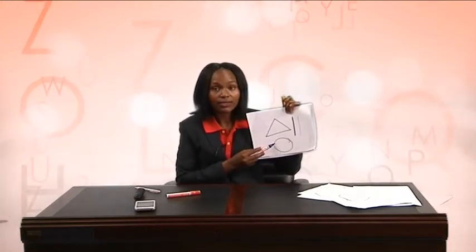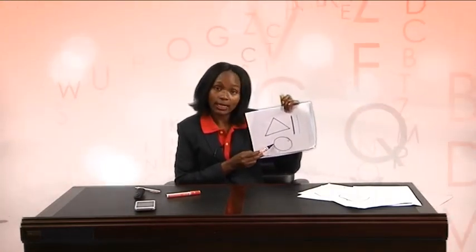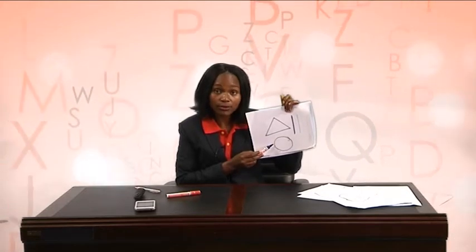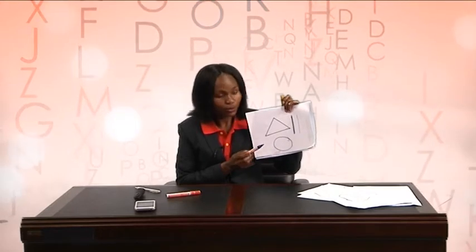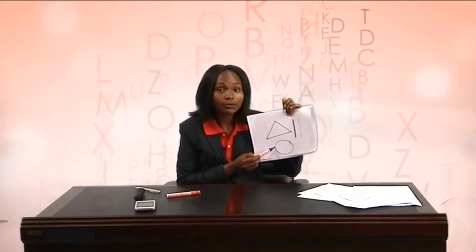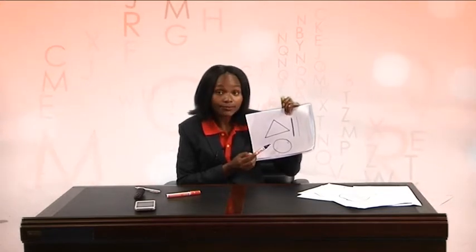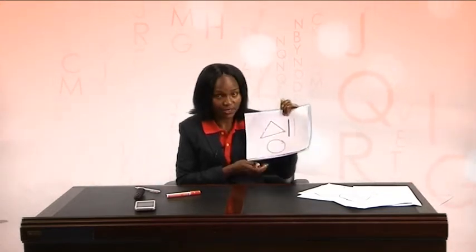Remember I said circle or round is like this. This is circle. This is round. This is oval. Oval comes from O, the letter O. So it is either circle, oval, or round. All these are shapes.